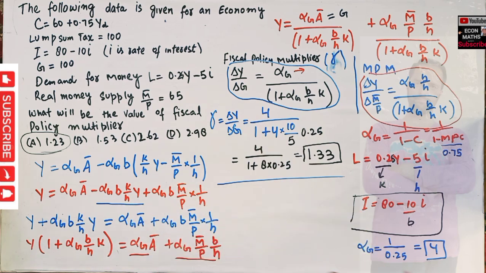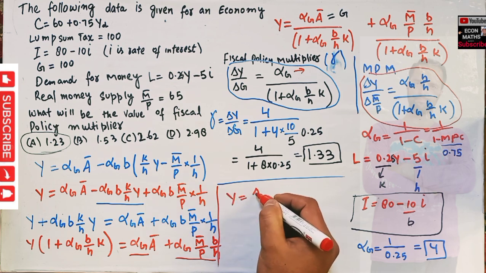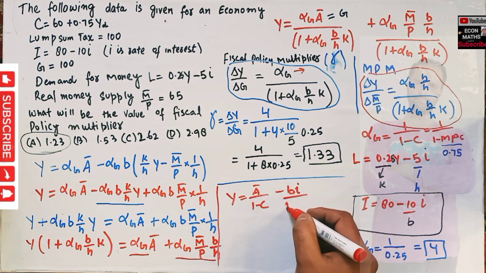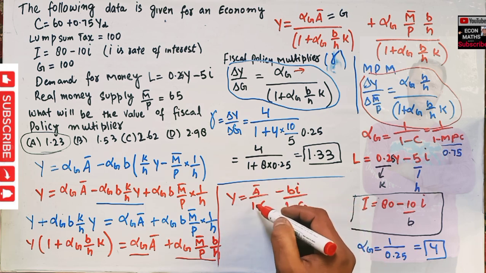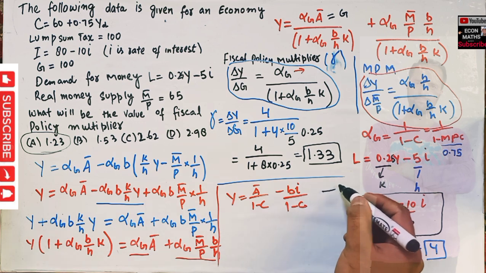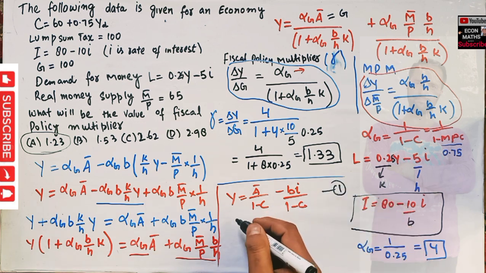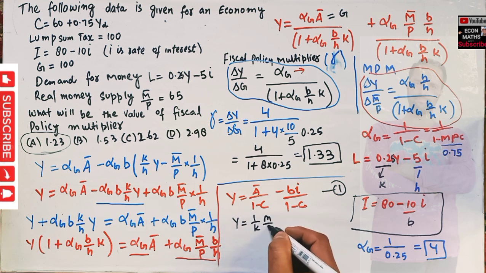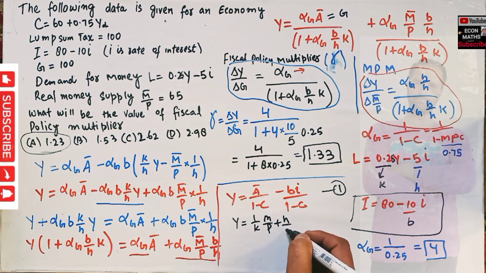If I can repeat, first you need to find the IS equation, which is given by y is equal to a upon 1 minus c, minus bi upon 1 minus c. This 1 upon 1 minus c is actually our Keynesian multiplier, and you can also see that this fiscal policy multiplier is less than the Keynesian multiplier. Then the LM equation is formed by y is equal to 1 upon k times m upon p, plus h upon k times i.